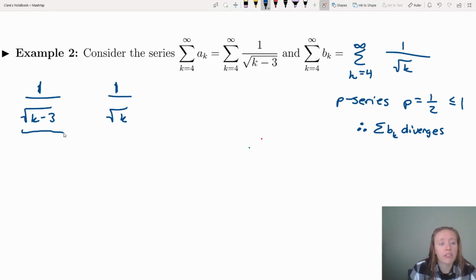So the denominator for a sub k, we're subtracting 3 from k and then taking the square root of it, whereas in b sub k, we're just taking the square root of k. So that makes the denominator over here smaller than the denominator for our b sub k. So because the denominator is smaller, the overall fraction is larger.